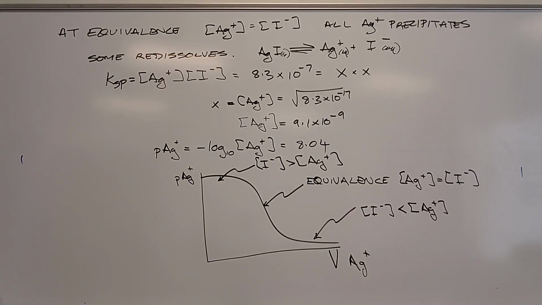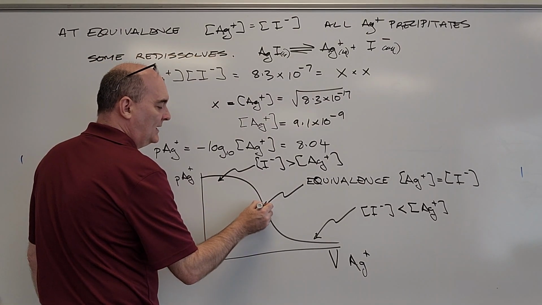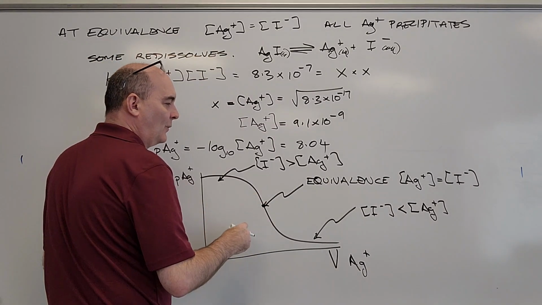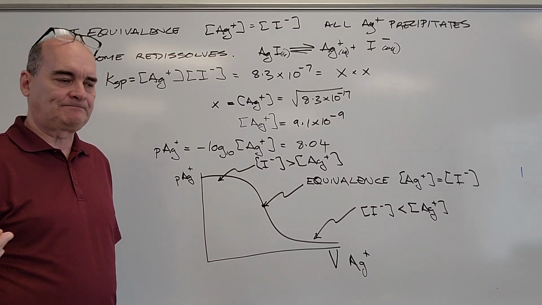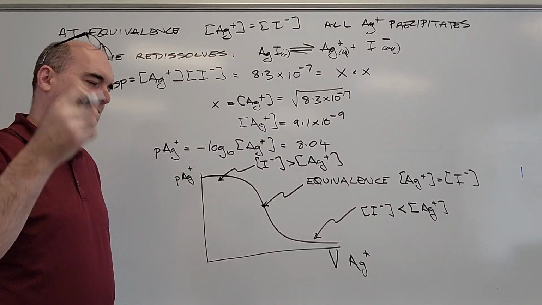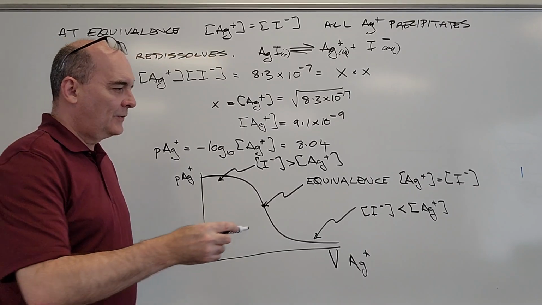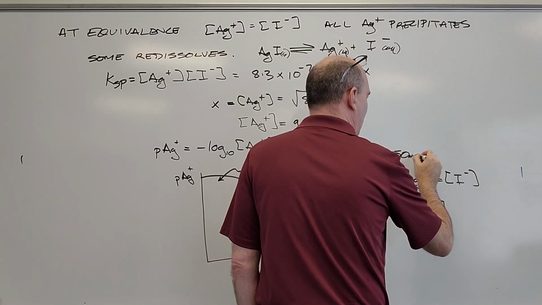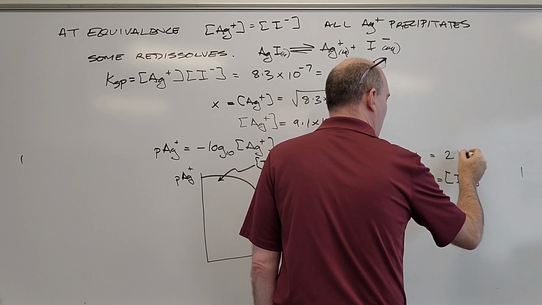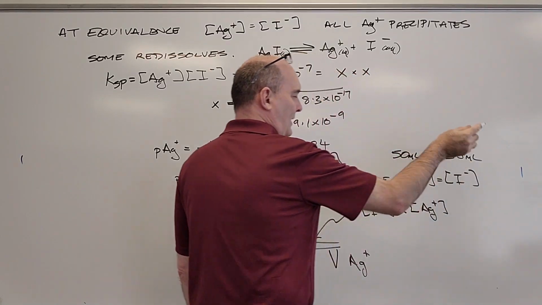let's go look. Let's find a place on this curve. We've already done the straightforward M1V1 equals M2V2 from the values. I'll write the values back up on the board. That said that there was 50 milliliters of this equal to the 25 milliliters of that at whatever the concentrations were.